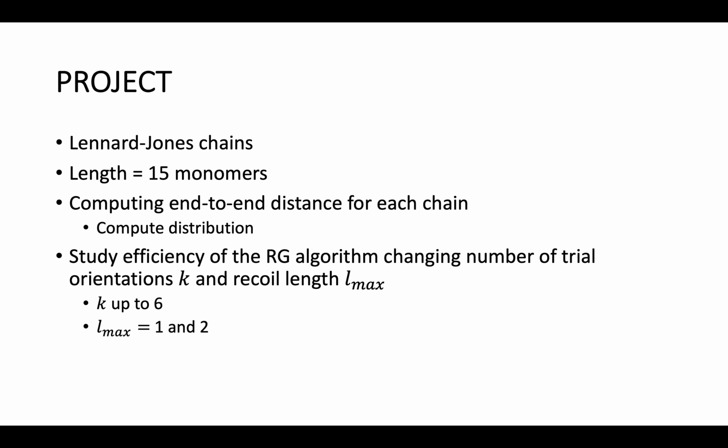And in addition, I'm also comparing how the number of accepted trials changes by increasing the number of possible trial directions, which is K, and also how it changes by modifying the length of the recoil step.